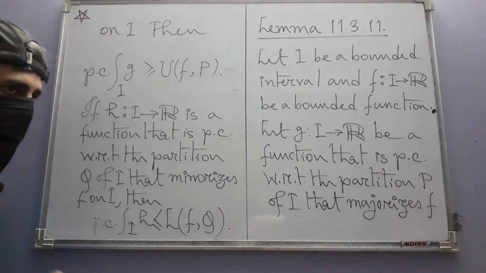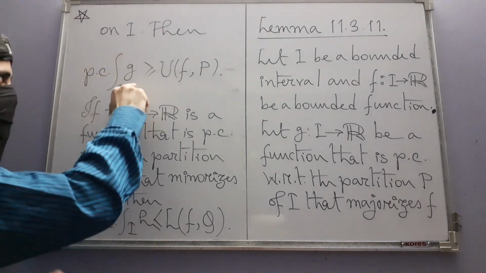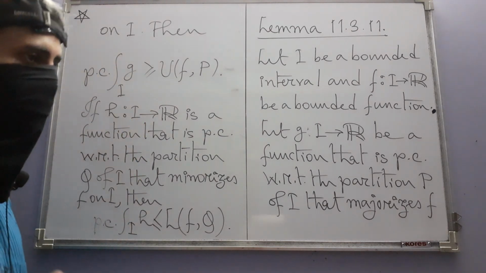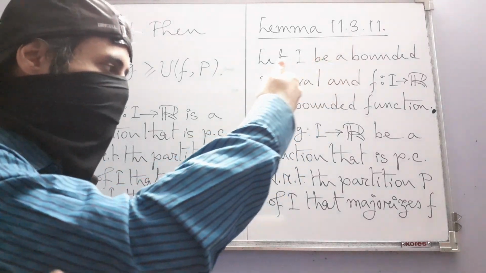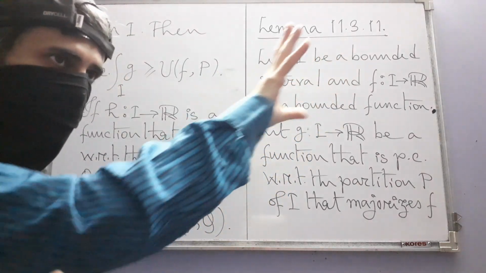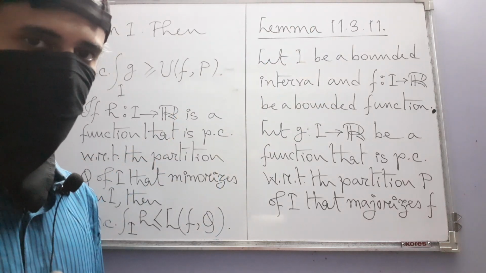What is the upper Riemann integral with respect to piecewise constant integrals of majorizing functions? The upper Riemann integral by definition is the greatest lower bound of integrals of majorizing functions, right?